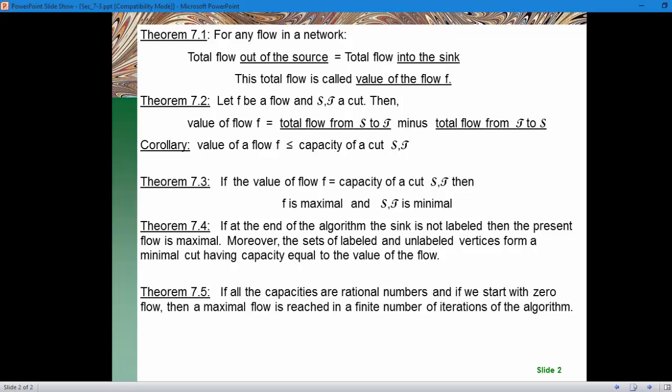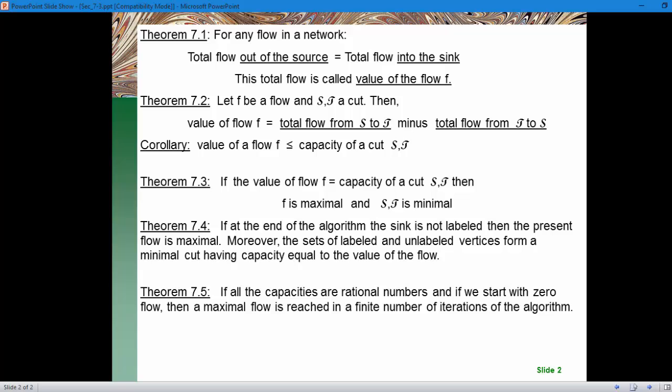However, it's easy to also prove that the algorithm will eventually end by simply finding the least common denominator of all capacities. If they're all rational numbers, we can represent them as fractions. So we find the common denominator of all fractions, and we multiply them by the common denominator, making all the capacities integers.